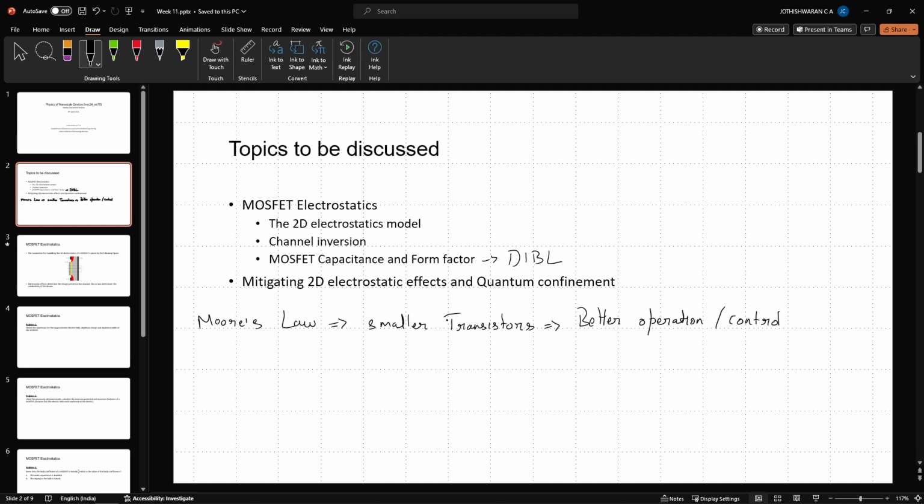What we will see in today's discussion especially is that these smaller devices, in addition to going along with the industry's trends, also offer us better operation capabilities and allow us to exert better control over them. So in that sense, these devices are also capable of performing their functions better, which gives us an added incentive to study these devices and come up with methods to fabricate them.